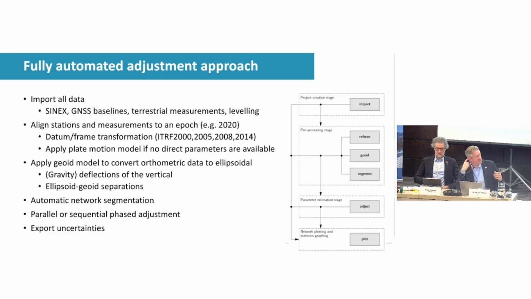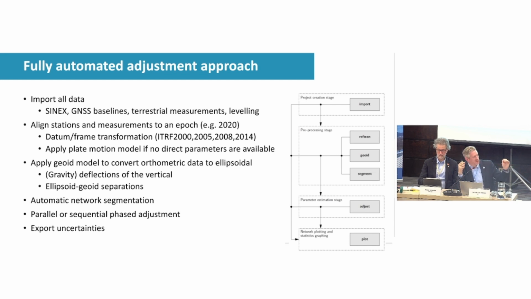So if you had some data that was recorded in ITRF 2000 and you want to move it into 2020, it'll use the published ITRF plate motion models to transition your data from 2000 into the 2020 epoch.